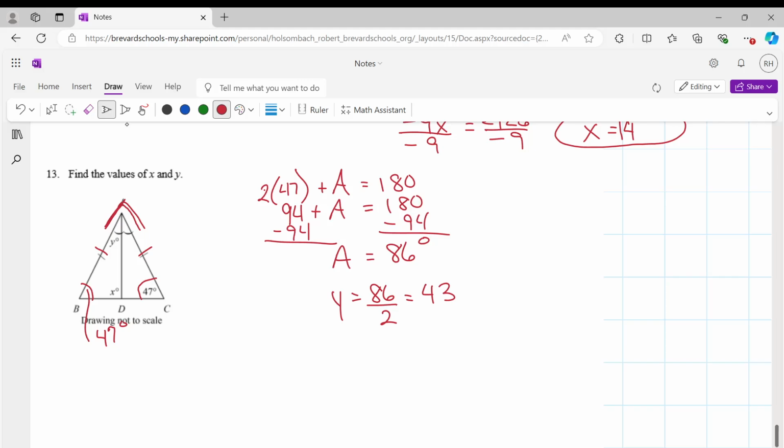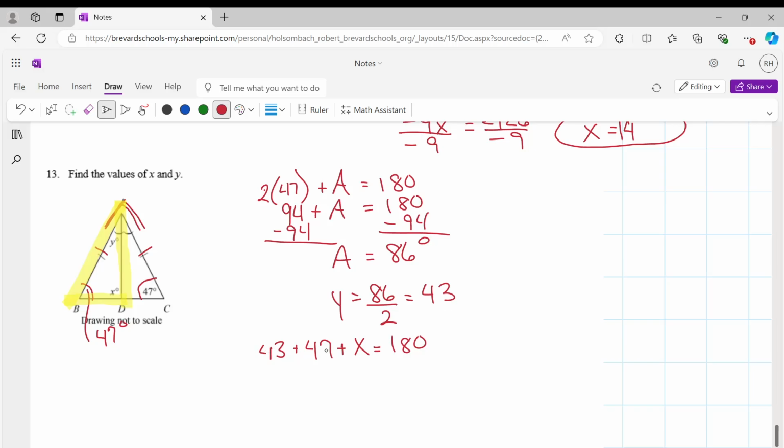So now we've got this triangle over here on the left, and we know two of the angles in it. We know that angle Y up here is 47, or I'm sorry, 43. We know that this angle B is 47. So 43 plus 47 plus x is equal to 180.